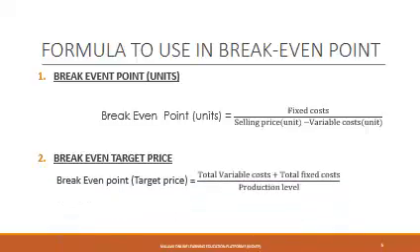The formula used is: break-even target price is equal to total variable costs, not variable cost per unit but total variable cost, plus total fixed cost, over production level.